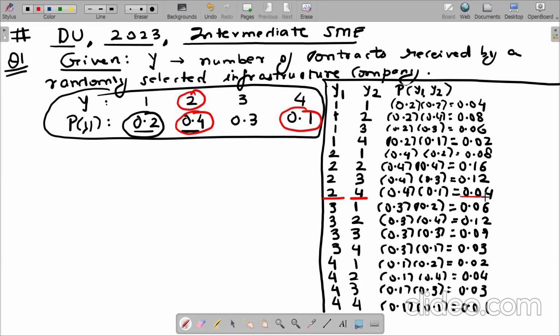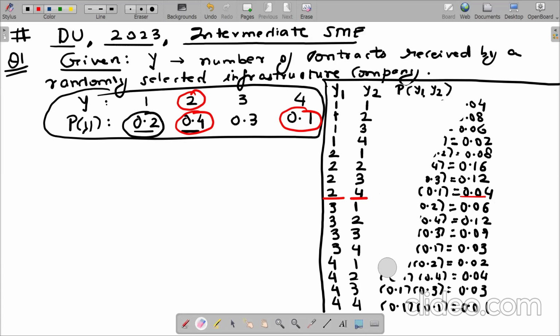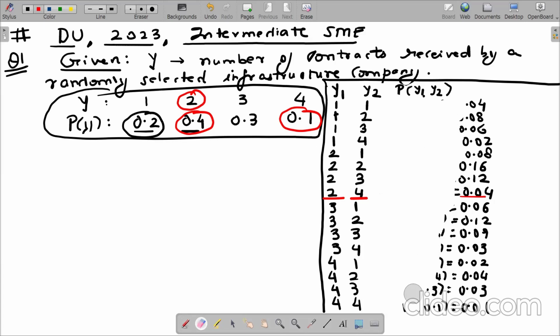So now I can erase all this off and I can write the final answer. Because remember, we are all constrained with space. So let me write the final answer, and then I'll erase that column. This is 0.04, 0.08. Let me just copy this column again.